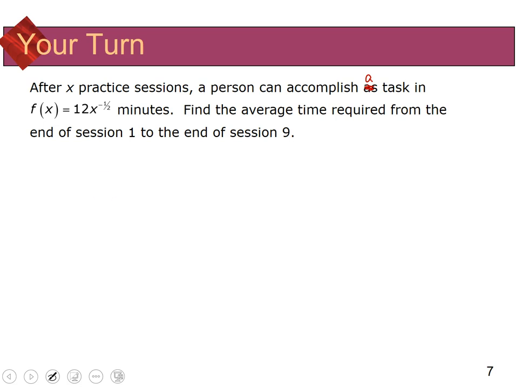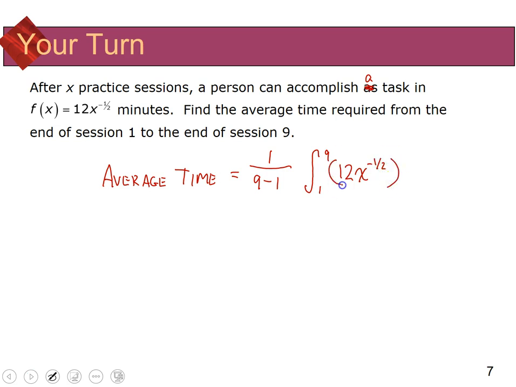Given that f of x is a time function, the average time is just the average value from 1 to 9. So I'm going to do 1 over 9 minus 1 times the integral from 1 to 9 of 12x to the -1/2 dx.